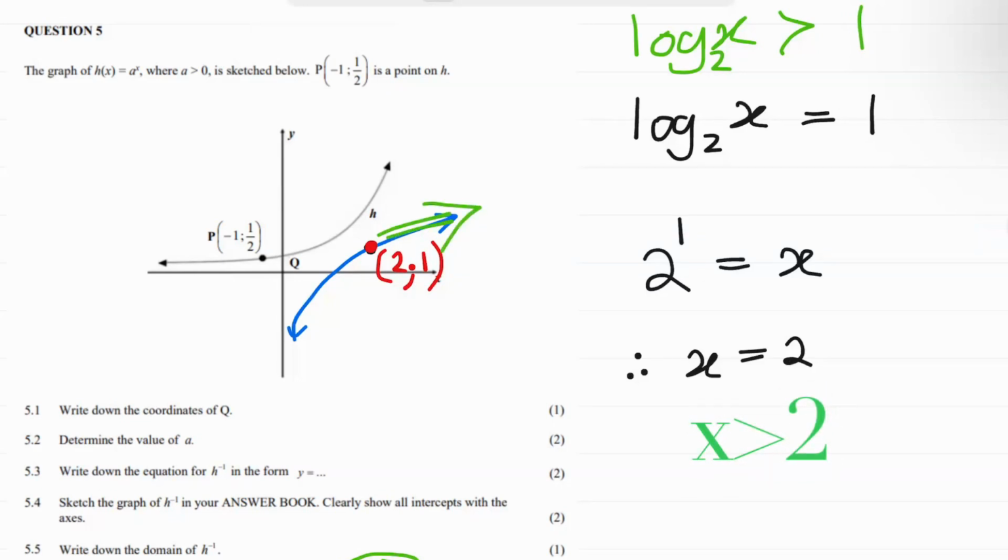For all these x values greater than 2, let me erase this, you'll notice that the function is greater than 1. Because that's where the function is equal to 1. And if you substitute x values greater than 2, then the function also goes greater than 1. All right, and that's it.